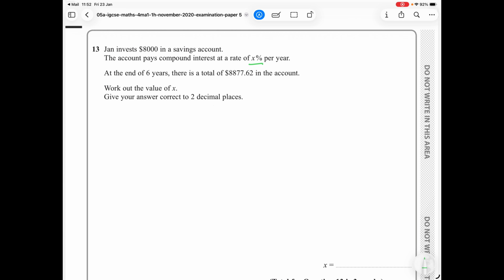So what we know is we are timesing 8,000 times something, 1 point but we'll call it X, equals 8,877.62. So what we're going to do is divide to find out what X is.